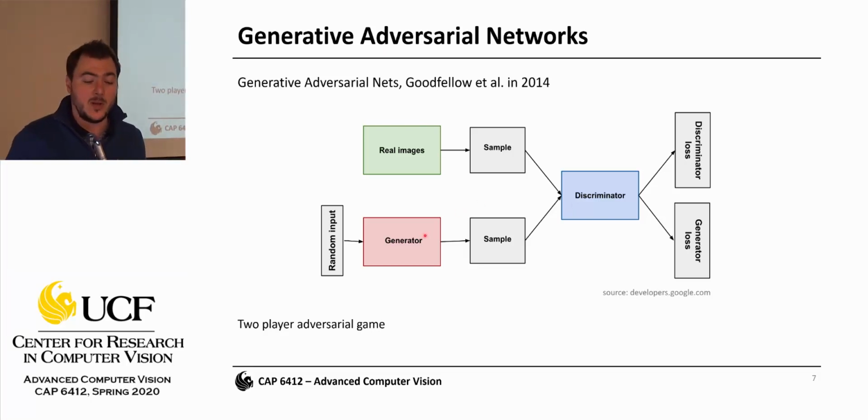It's known as a two-player adversarial game, where the discriminator is trying to distinguish between real and fake images generated by the generator, and the generator is trying to fool the discriminator, generating images that the discriminator would wrongly classify as real samples. And for that, you have a loss for the discriminator and a loss for the generator as well.